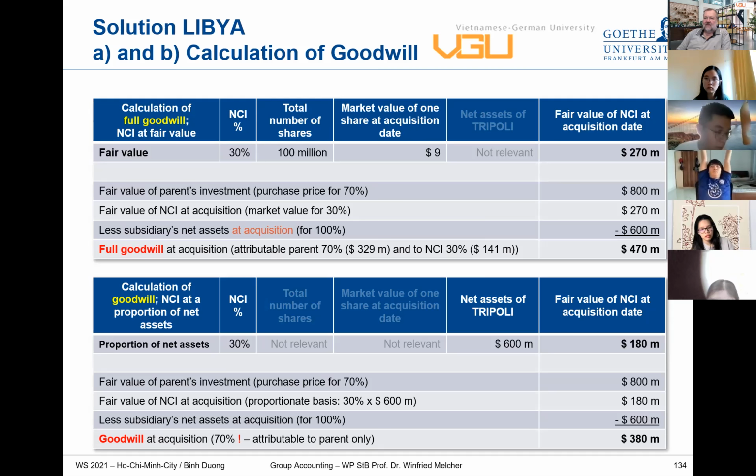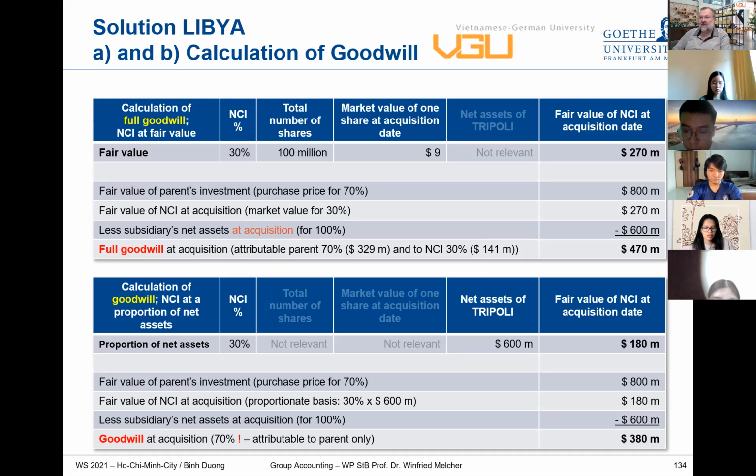So in that case, we can say, well, we know the fair value for the 70%, which is the fair value of the parent's investment. They paid 800 million for that. So that's clearly above the market price. So let's have a look at where they have 70% of the 100 million.